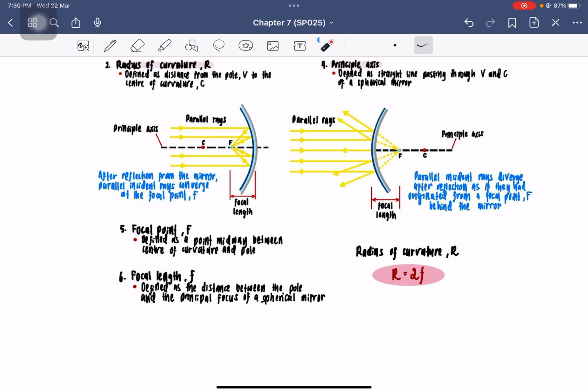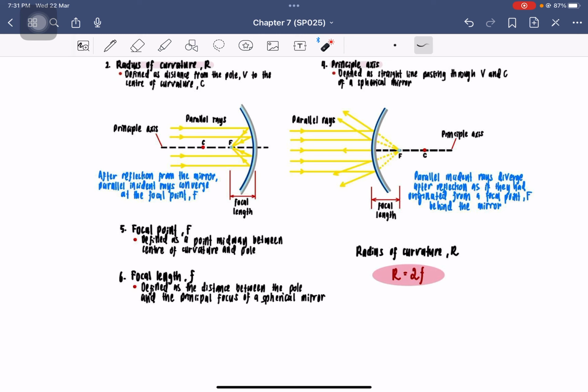And then we also have the focal point and focal length. The focal point is uppercase F, whereas focal length is lowercase f. It is where the incident rays converge to a point, known as the focal point, and this is only for concave mirrors. For convex mirrors, the incident rays diverge away, as if originating from the focal point. So how do you determine the point?